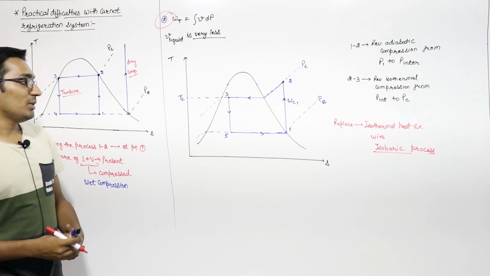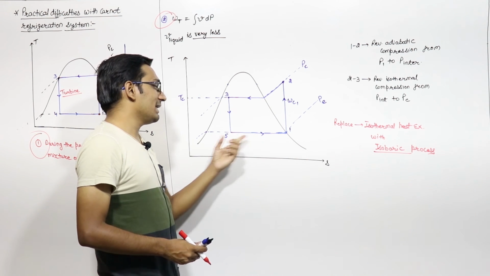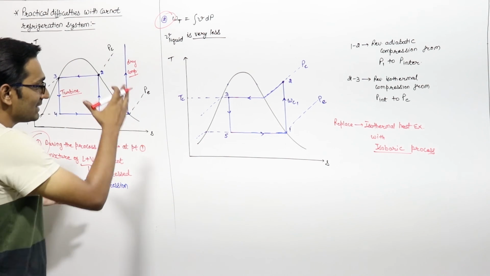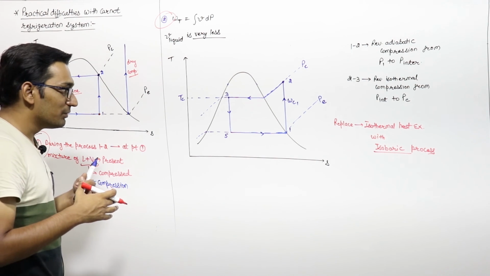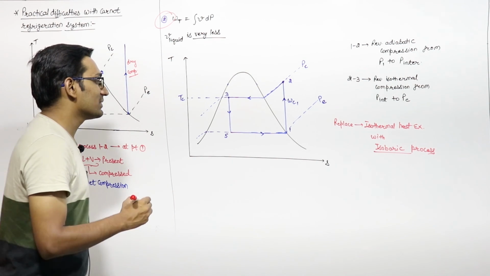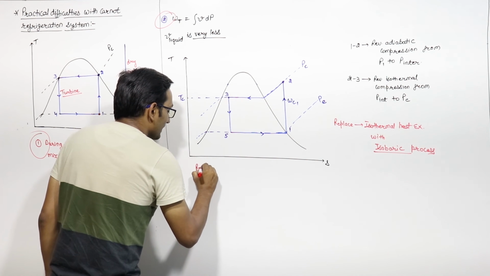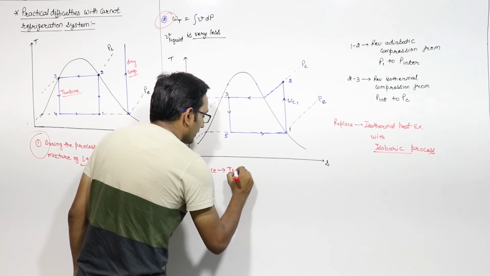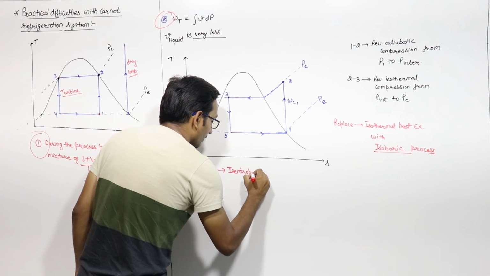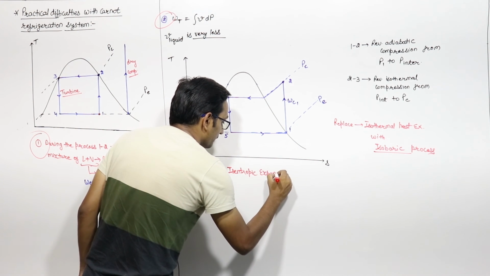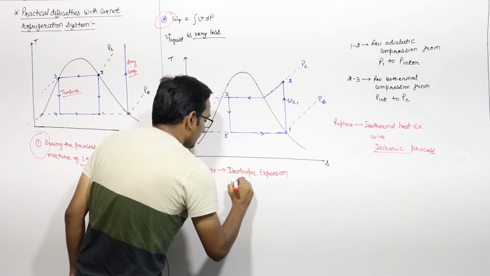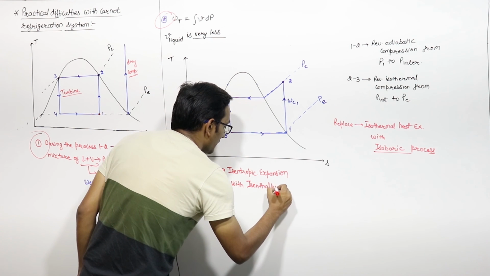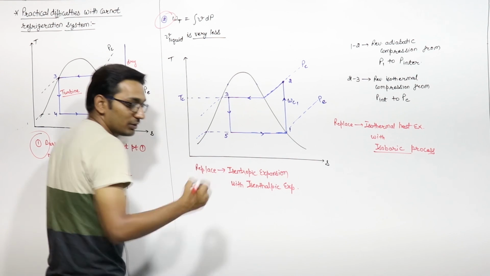One limitation can be overcome if you use this isobaric heat exchange process, and the second limitation, the isentropic expansion, which is not economically possible, will be overcome if you replace isentropic expansion with isenthalpic expansion, that is by using a throttling device.